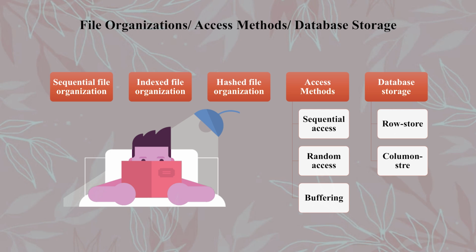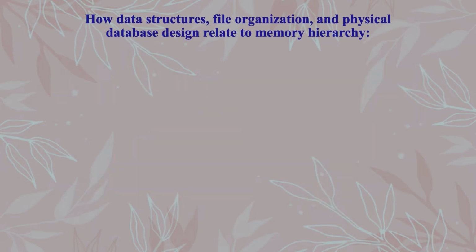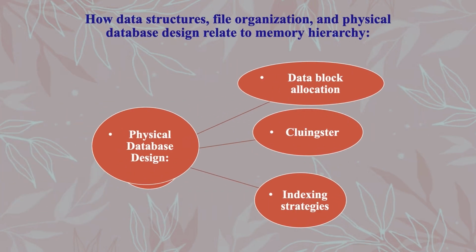Then database storage refers to the way data is stored in a database. Common database storage includes the row store, where data is stored in rows with each row containing the columns, and the column store, where data is stored in columns with each column containing all the rows. So how are columns and rows interlinked?